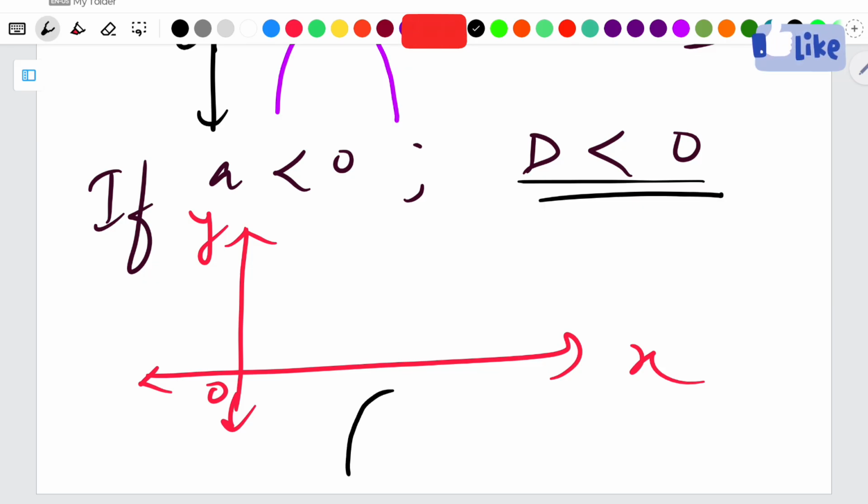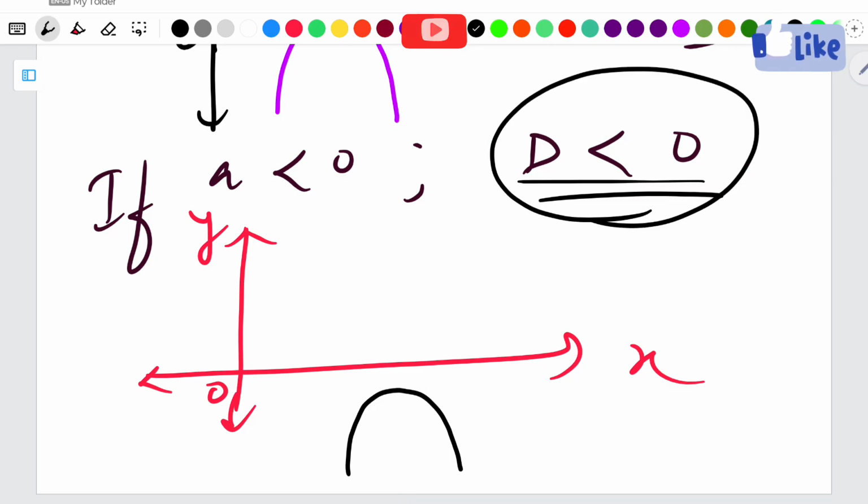So there will not be touching at any point on the x-axis, because as you touch the axis with the curve, you get the zeros. But d less than 0 is revealing that there will not be any real roots.